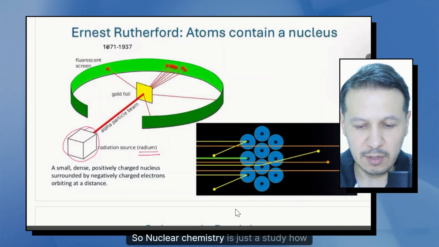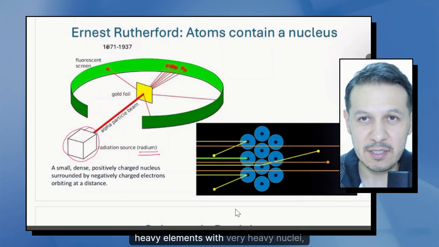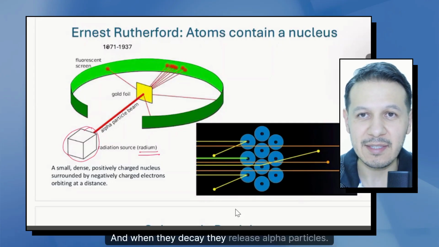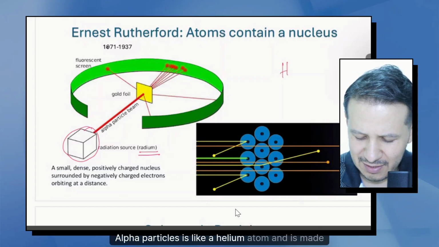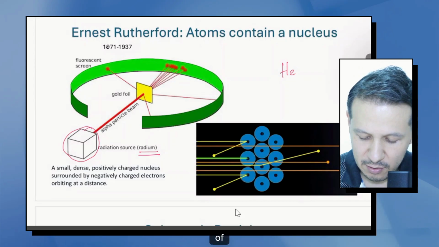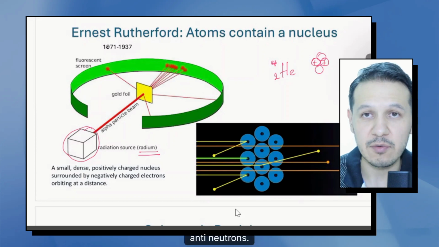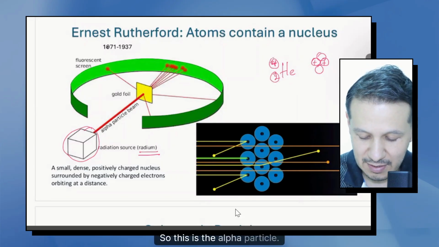Nuclear chemistry is the study of how very heavy nuclides decay, and when they decay, they release alpha particles. An alpha particle is like a helium atom, made of four particles: two protons and two neutrons. The mass is 4, and the number of protons is 2. So this is the alpha particle.